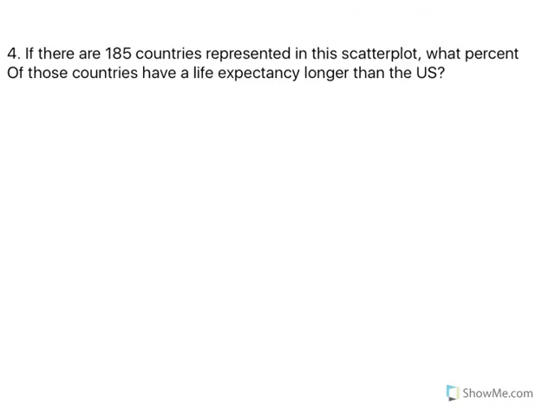Okay, so number 4. We're going to use our answer for number 3, and that's why, depending on what you answered in number 3, it could affect your answer in number 4. Remember that I said 27 in number 3. So if there are 185 countries represented in the scatter plot, what percent of those countries have a life expectancy longer than the U.S.? So we found that the number of countries was approximately 27. So if we say what percent, well, that's x over 100.